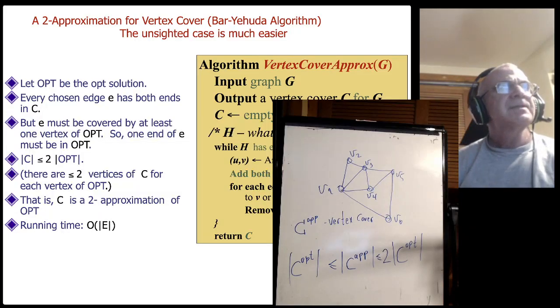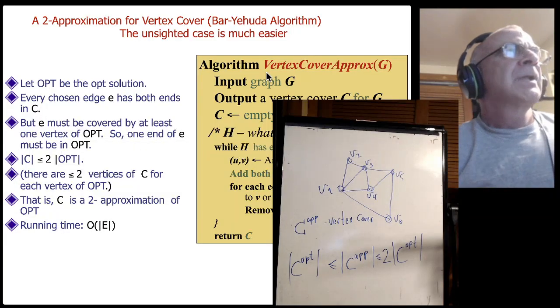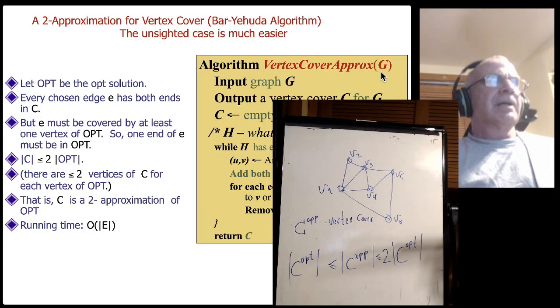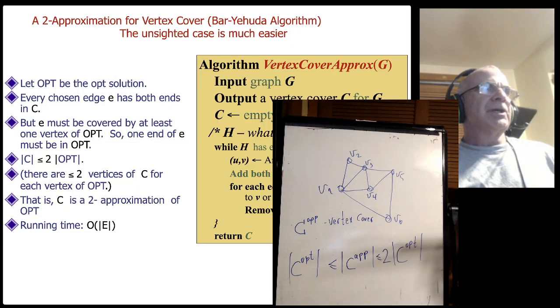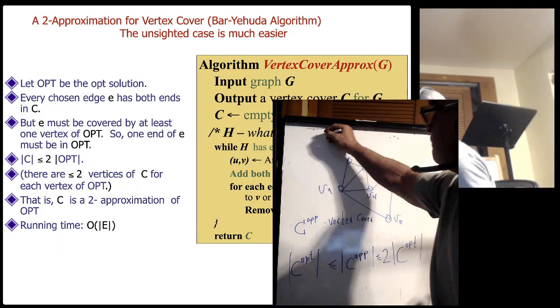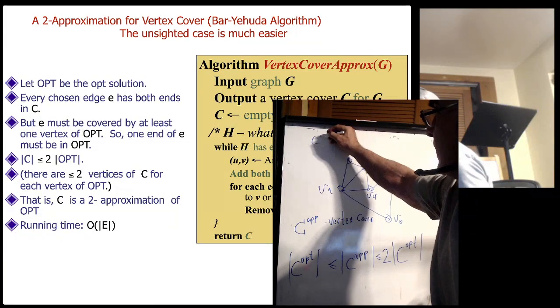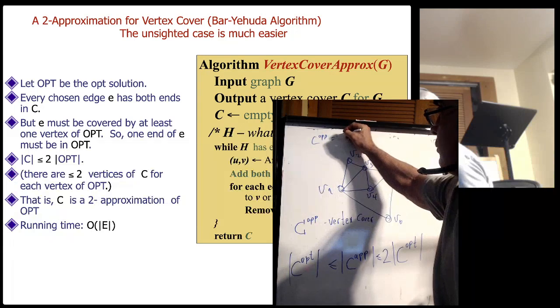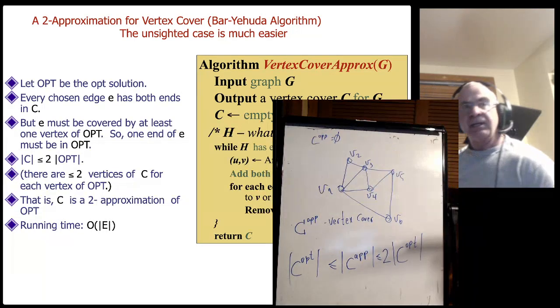And let's see how this algorithm works. So, vertex cover approximation for the graph G. The output would be a vertex cover C of this graph. And I'll start when C is empty. C approx, when I start, will be the empty set.